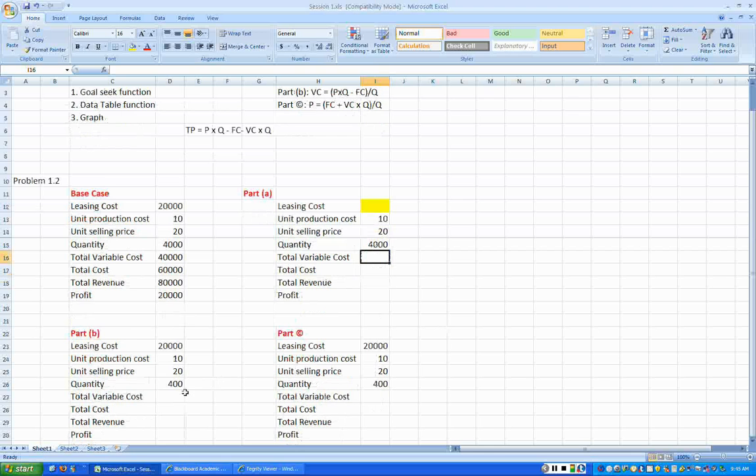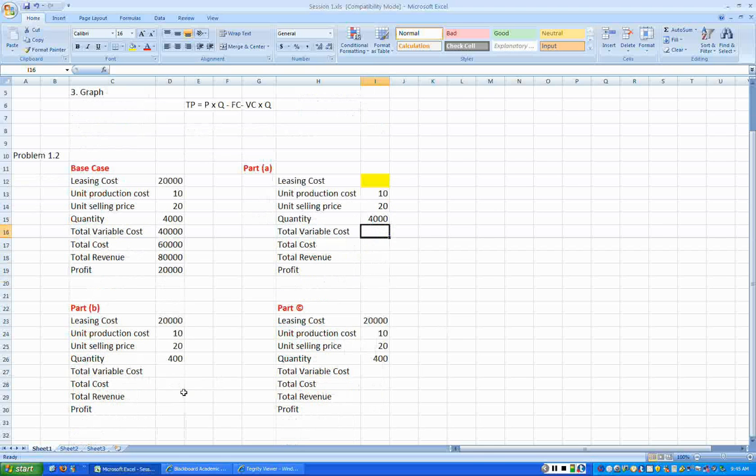And in the second scenario, the question revolves around how large can the production cost be. Let me blank that out, and always highlight the decision with the yellow. For the same fixed cost of 20,000, same selling price of $20 a unit, quantity of 4,000, not 400, how large can the production cost be before it becomes not profitable at all to produce?